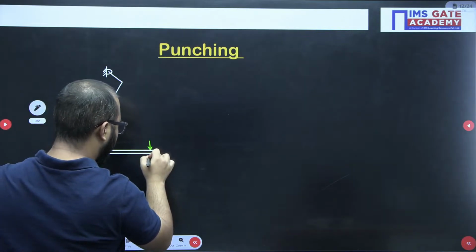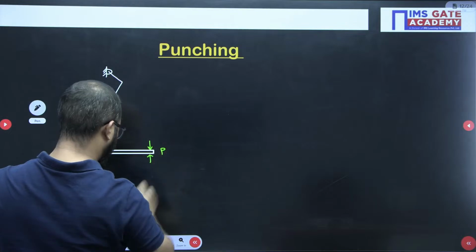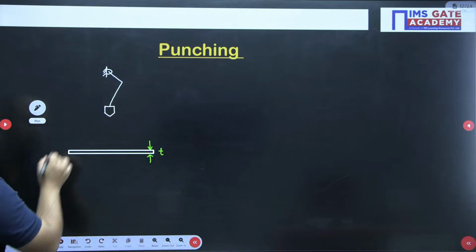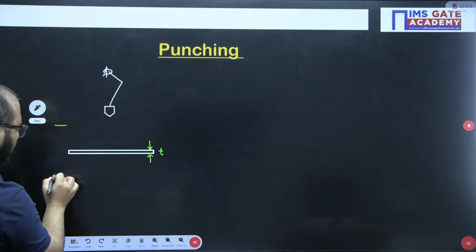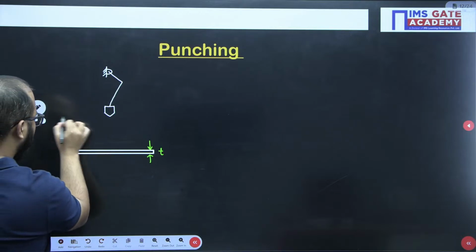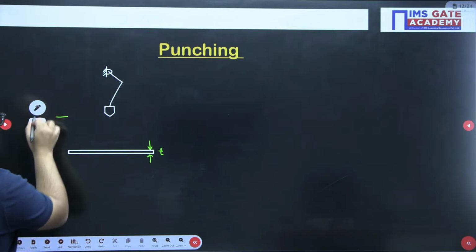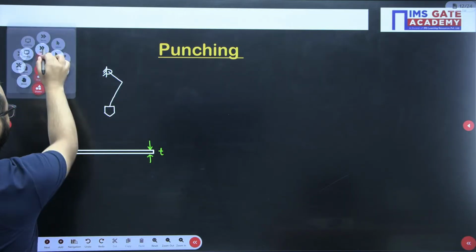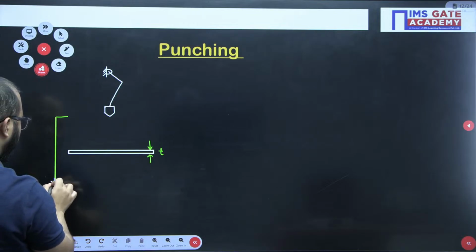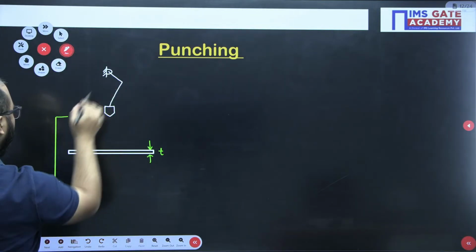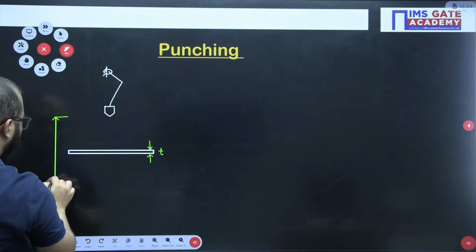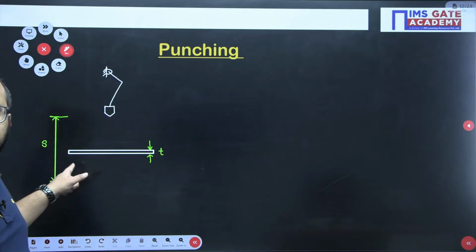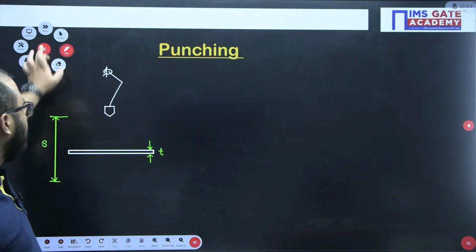Let's suppose this workpiece has a thickness T, and this tool moves from here to here. This is considered the stroke length of the tool. Is it clear, everyone? This is the stroke length.